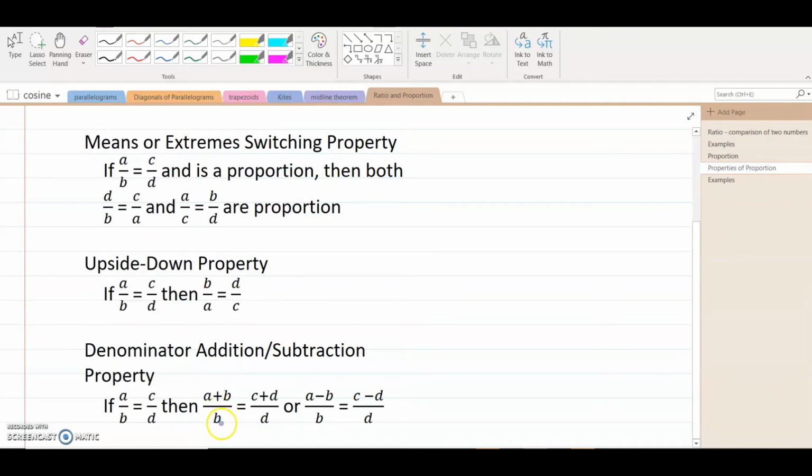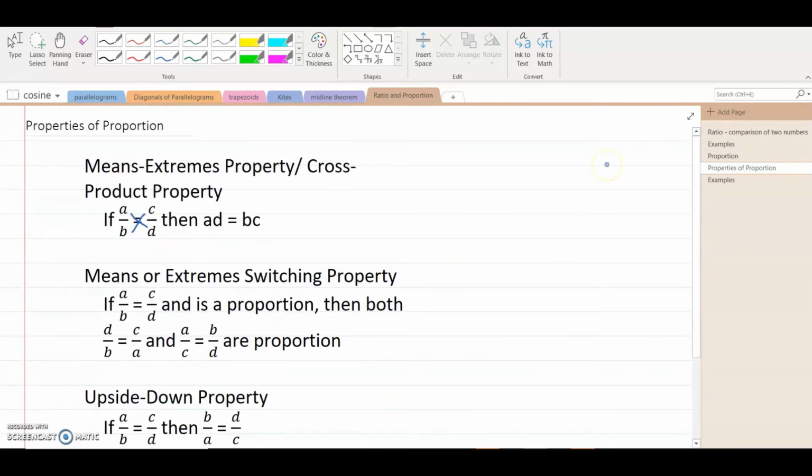Whatever the denominator is, in this case B and D, we just add or subtract by means of this property.